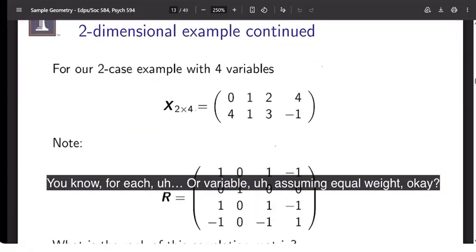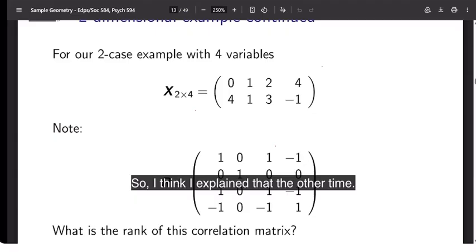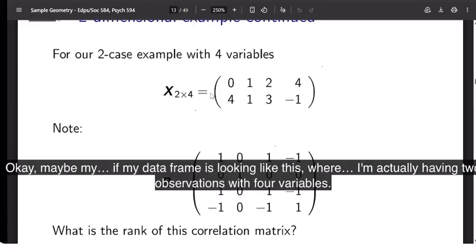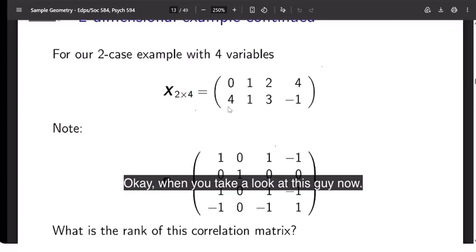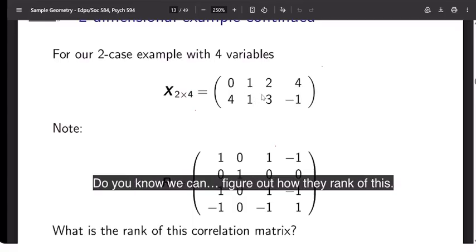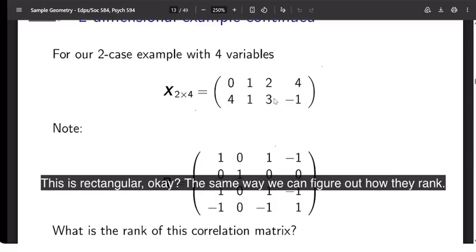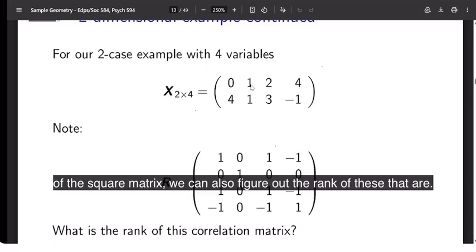Now, coming to this example, if I have a 2 by 4 data frame, looking like this, where I have two observations with four variables, do you know we can figure out the rank of this? This is rectangular. The same way we can figure out the rank of a square matrix, we can also figure out the rank of this rectangular matrix. Let's take a look at how many independent rows we have.